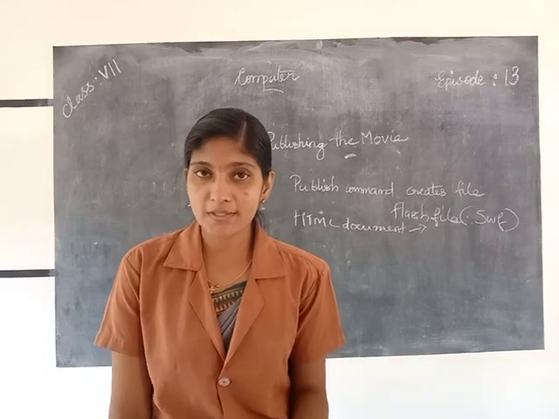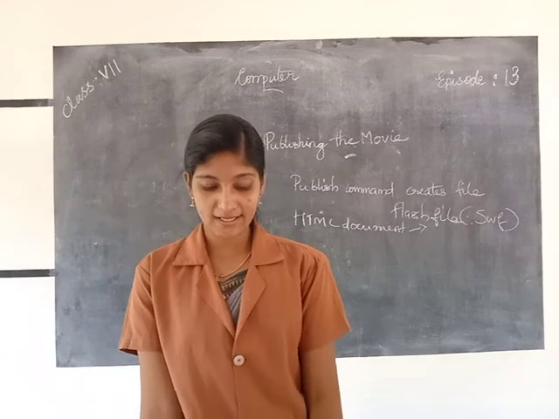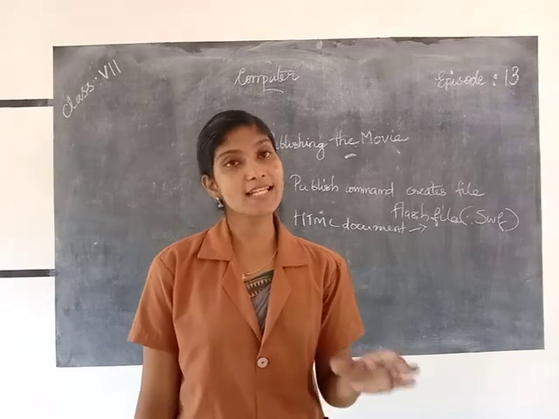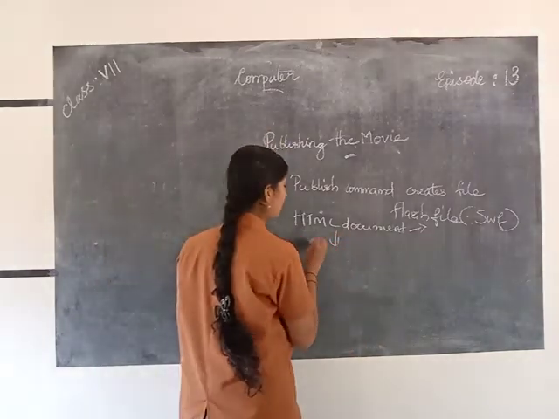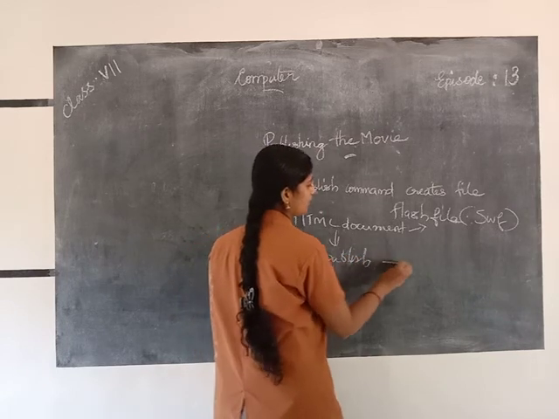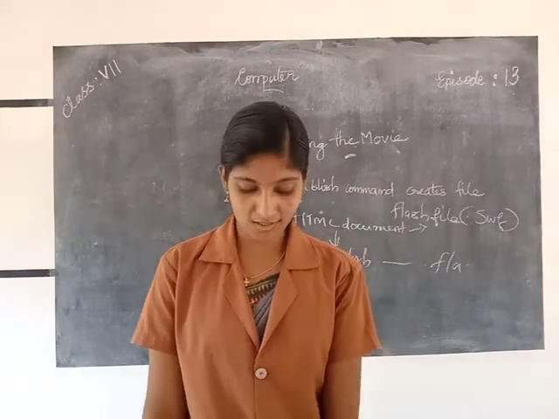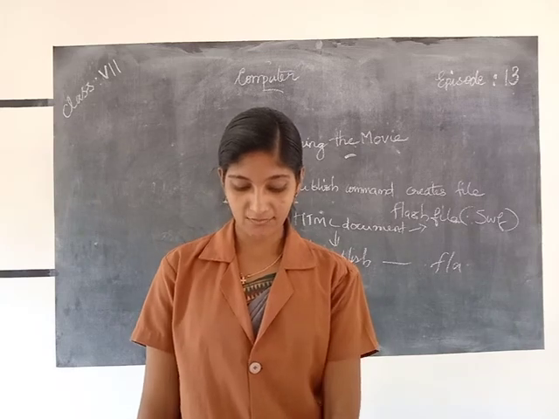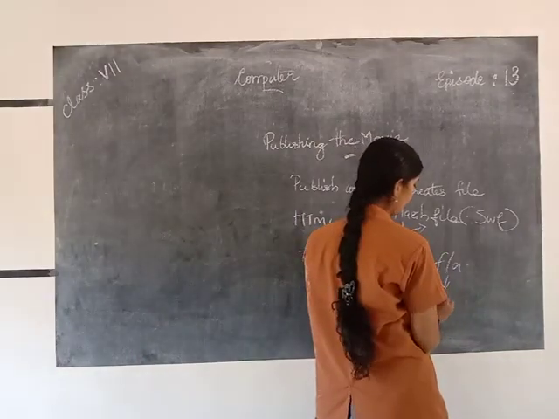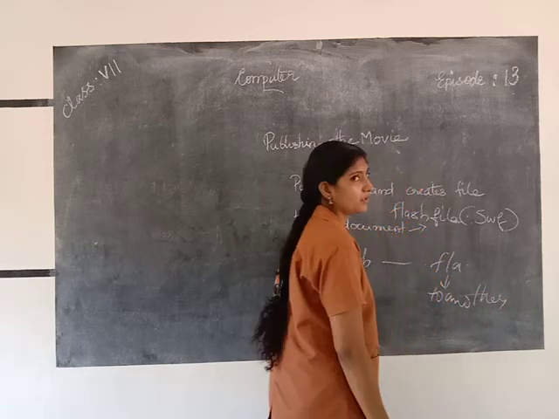If you want to deliver this movie to an audience, you must publish it from the .fla file, which is the default extension. That means the default extension .fla of the saved Flash file is converted to another format for playback. Later we will discuss some of the important formats.